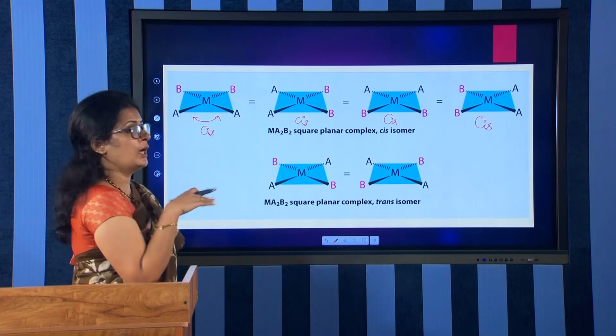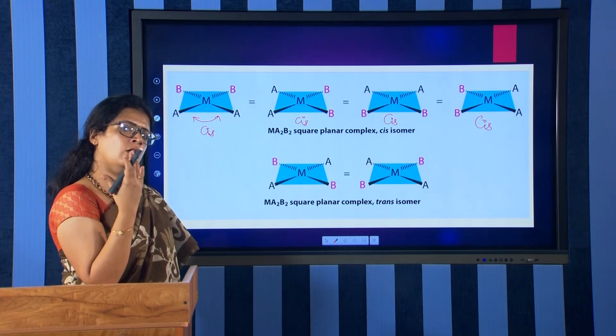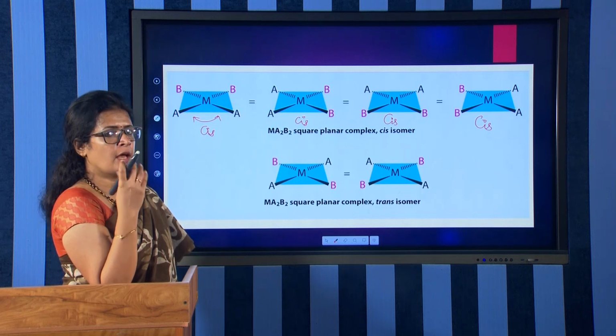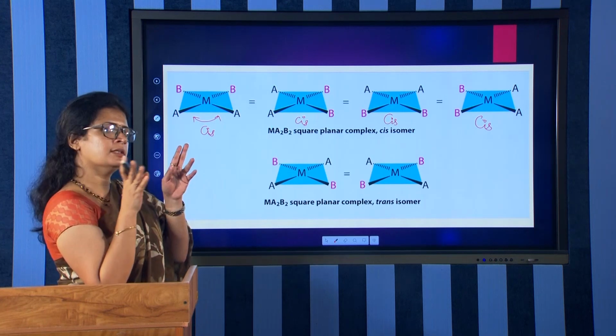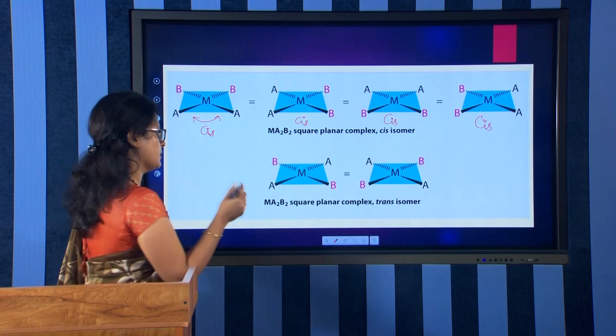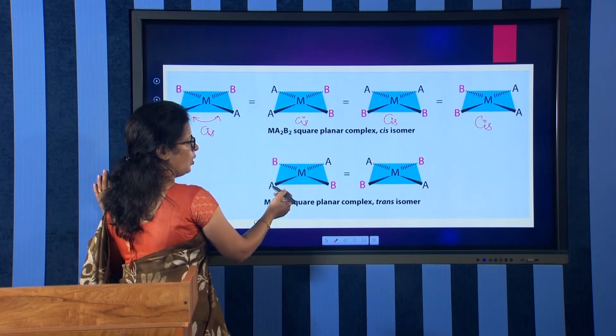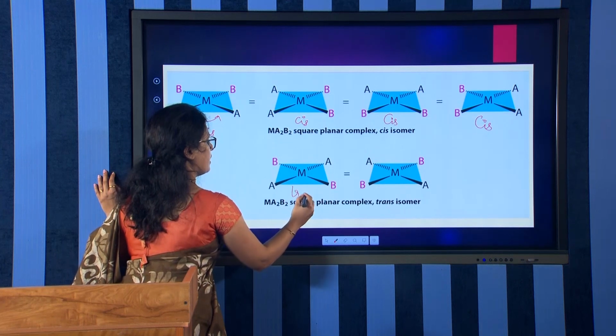Now coming to the other, the trans form. How will we call a coordination compound a trans isomer? When the similar groups are in the opposite position. See the example, B and B opposite, A and A opposite. It is called a trans isomer.